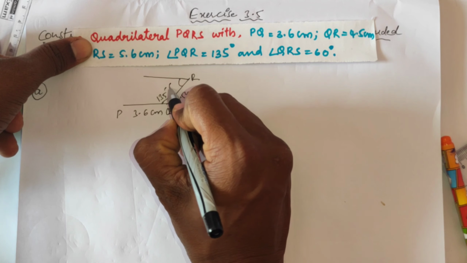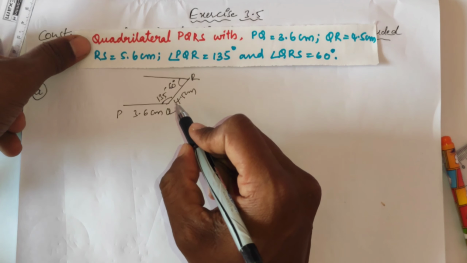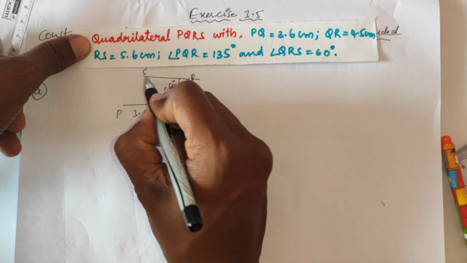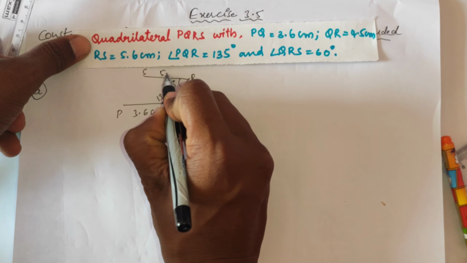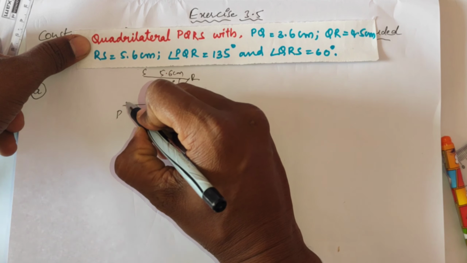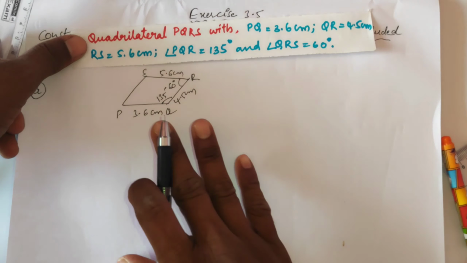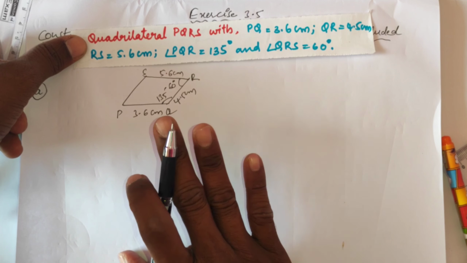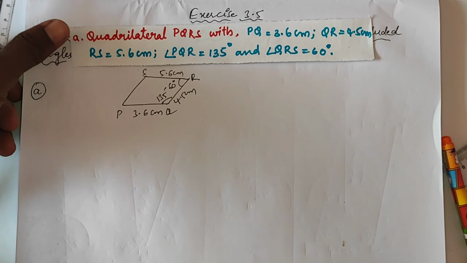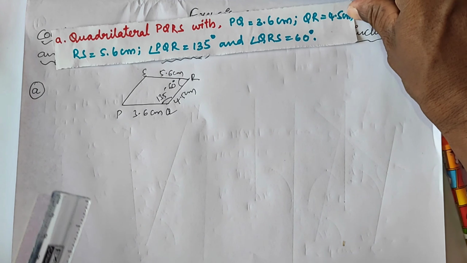And RS is given as how much here? 5.6 centimeters. I am simply joining P to S. So this is a simple rough sketch for this given data. Now we'll construct this one.